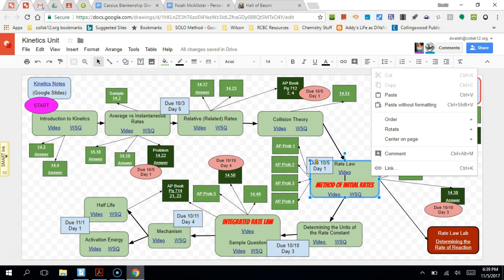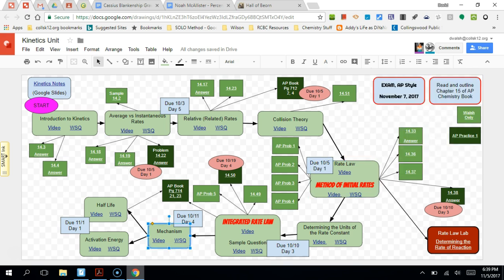I also think about things like mechanism and maybe half-life. Those are things that I generally think of when I'm thinking of multiple choice questions, and maybe even determining the units of the rate law, where the question is, which of the following is the correct units of the rate law. And so those are kind of the multiple choice.